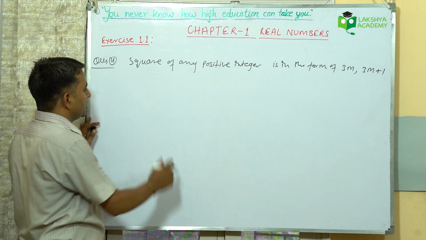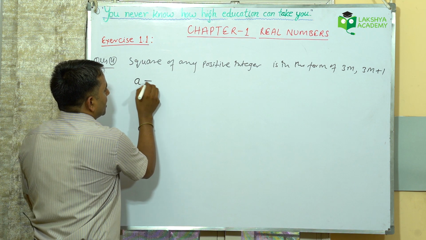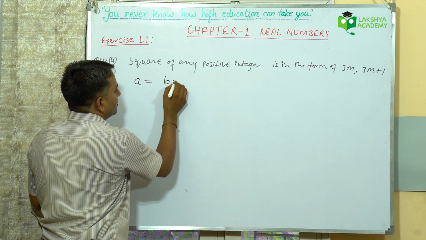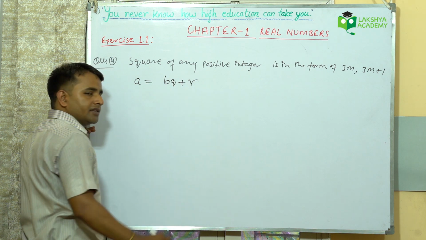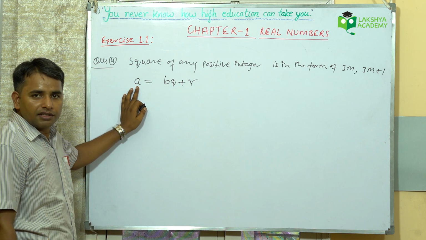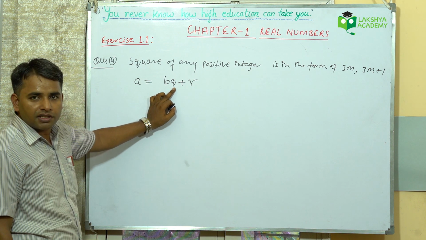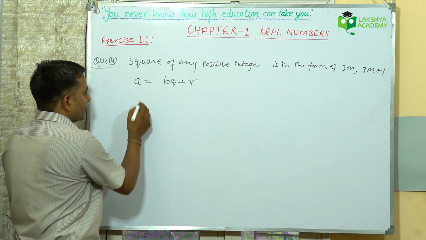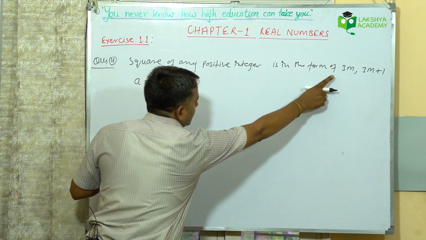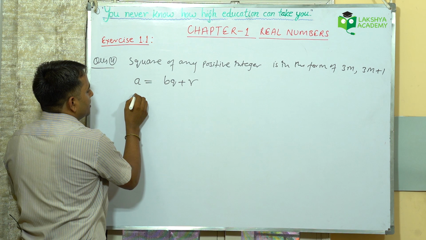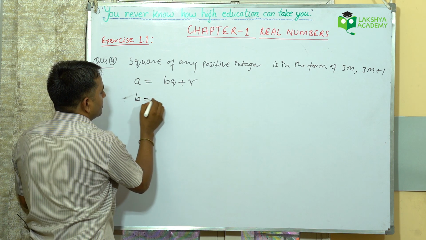Again we will follow Euclid's division lemma. So Euclid's division lemma is a equals bq plus r. a is the dividend and b is the divisor, q is the quotient and r is the remainder. Here the divisor is 3, so b equals 3.